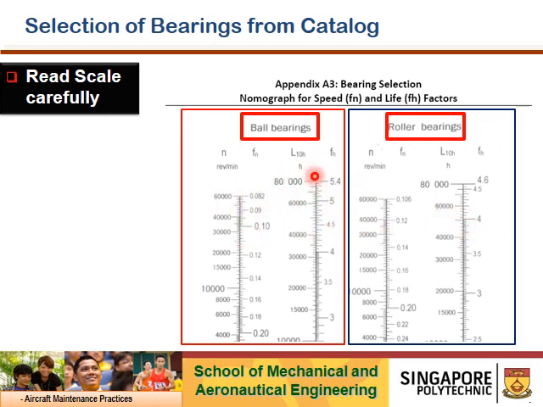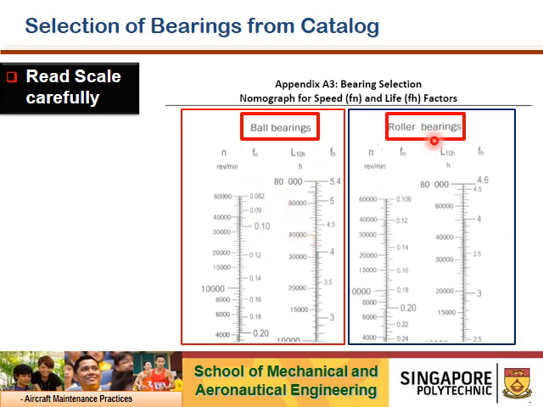Do take note that it's divided into 2 parts. The left hand side nomograph is for ball bearing, the right hand side is for roller bearing. You must refer to the right chart, ball or roller. If it's a ball bearing, given the revolution per minute and the L10H, you can read through and get your Fn and Fh.